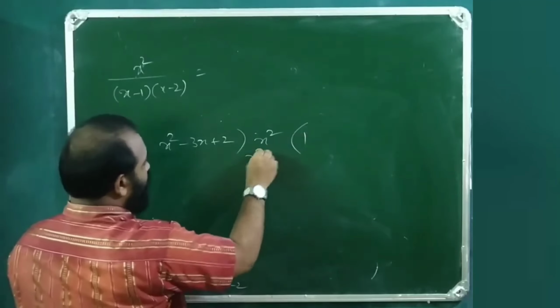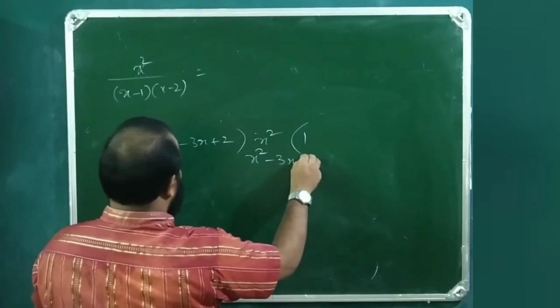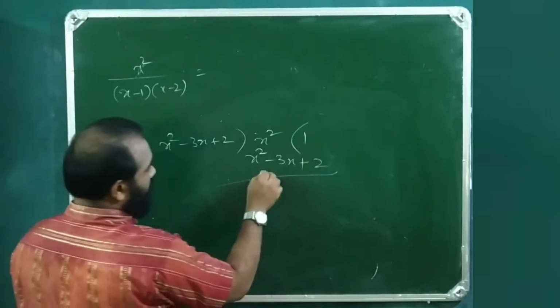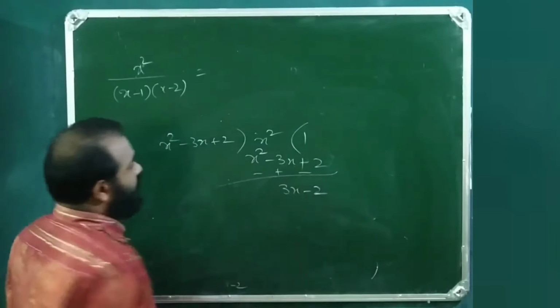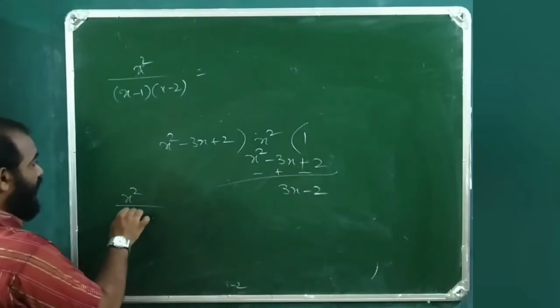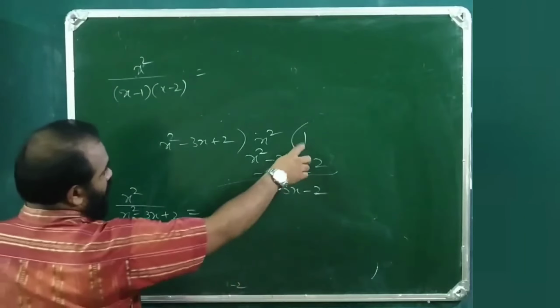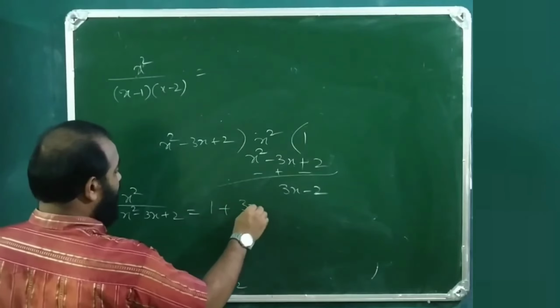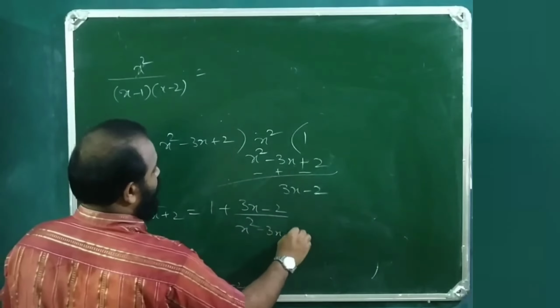So 1 into x square, minus x square minus 3x plus 2, gives 3x minus 2. So x square by x square minus 3x plus 2 is equal to 1 plus 3x minus 2 by x square minus 3x plus 2.